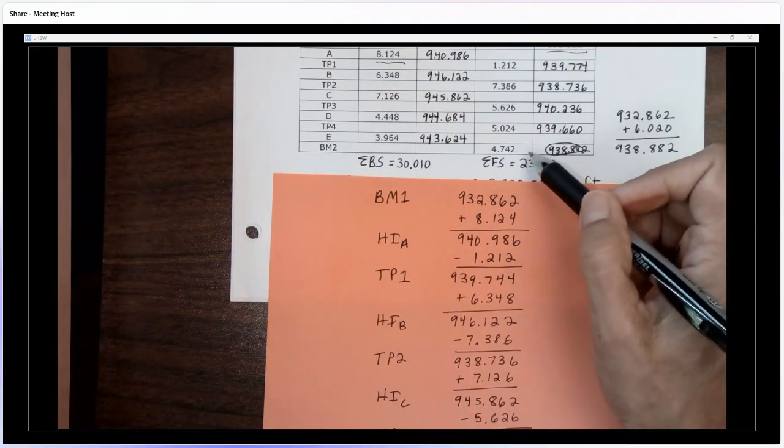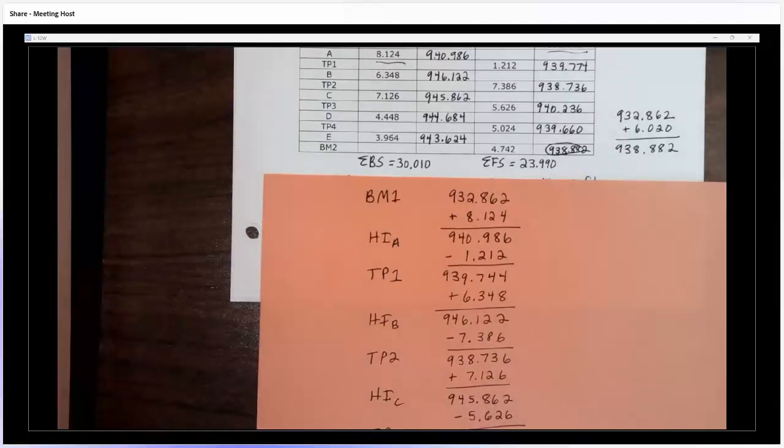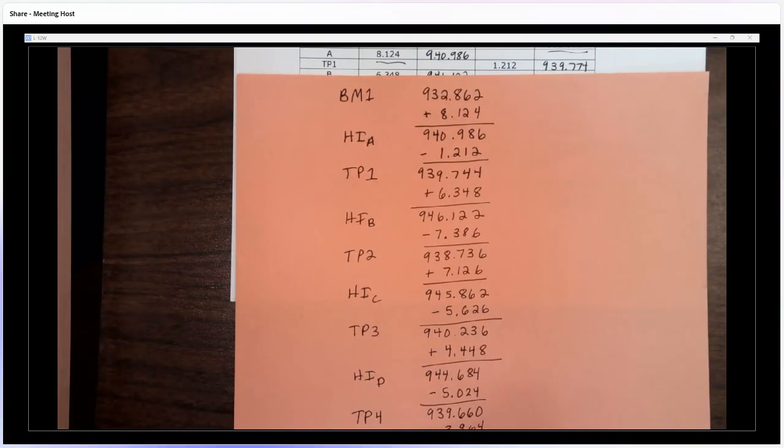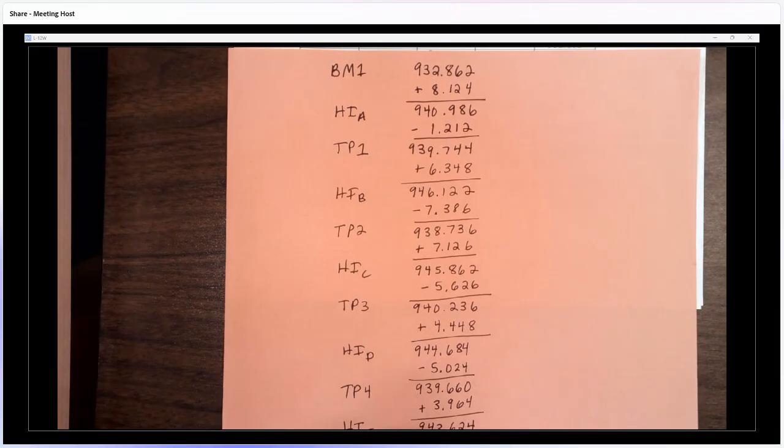And then subtract my last foresight, and hopefully I get that same final elevation. So let's try that out. Minus 4.742. And yes, that does give me 938.882 for my final benchmark 2 elevation.